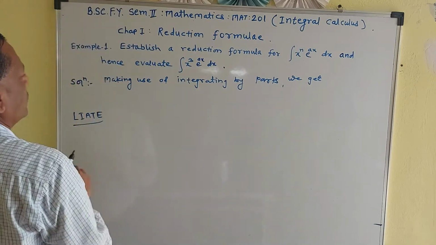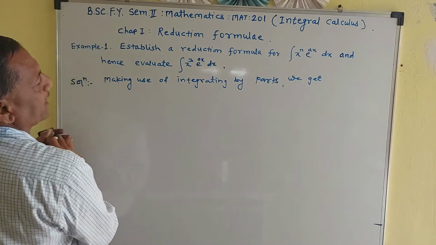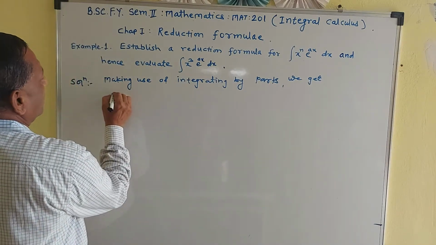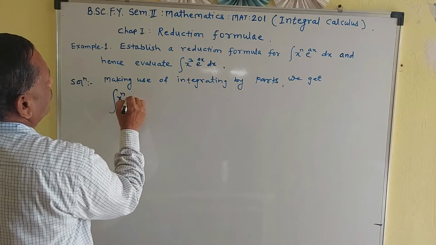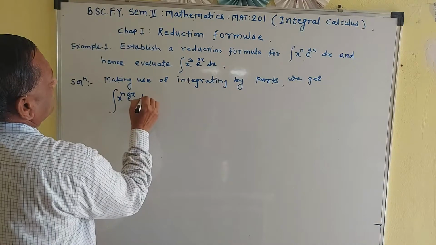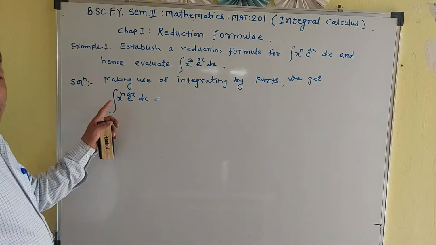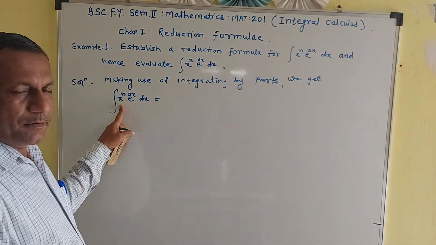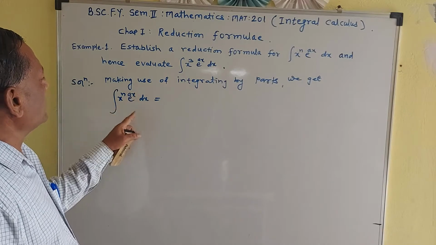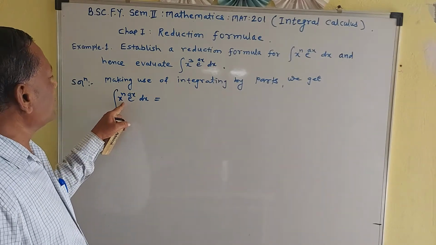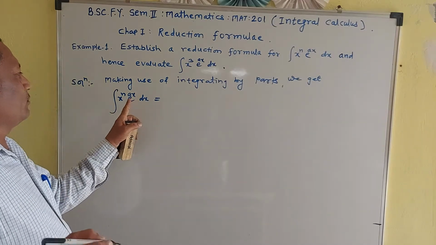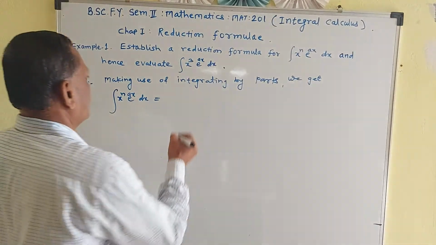So using this formula, you find the reduction formula of x raised to n into e raised to ax dx. So making use of integration by parts, we get the integration of x raised to n into e raised to ax dx. Here x raised to n is the algebraic function and e raised to ax is the exponential function, LIATE. So you take x raised to n as the first function and e raised to ax as the second function.